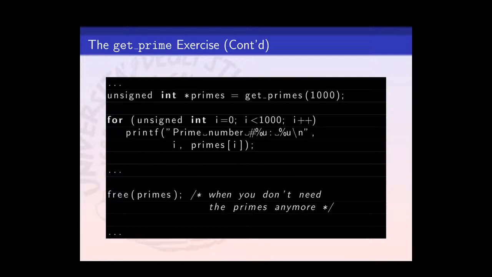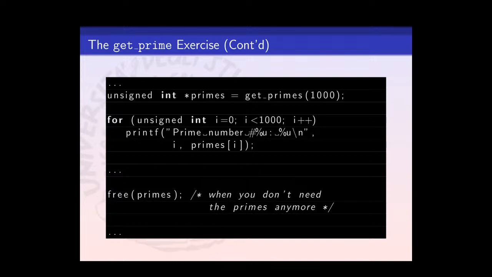We are calling the getPrime function. The second line is basically a for loop which iterates over all the results.